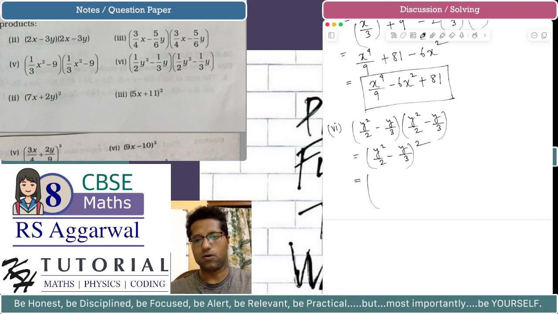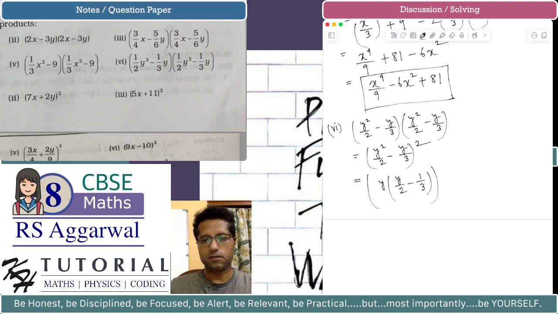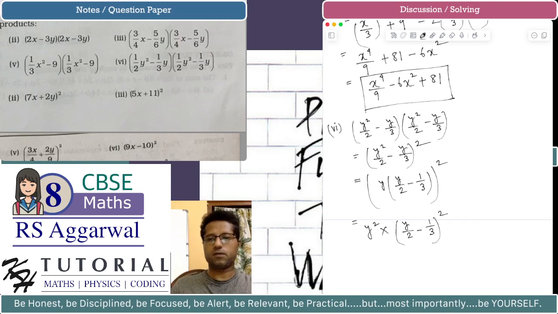So if I take y common, this becomes y multiplied by y by 2 minus 1 by 3, and then this square. So this is equal to y square multiplied by y by 2 minus 1 by 3 whole square, because we know that x into y whole square is equal to x square multiplied by y square.